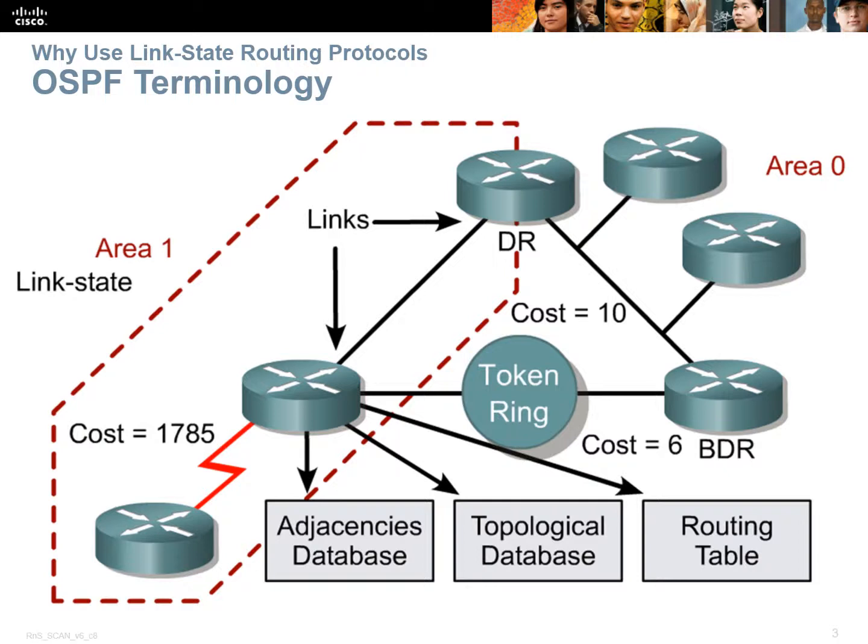And we're going to spend a bit of time on this today. Designated router and a backup designated router. If all the routers were talking all the time, it'd be a huge fight and nothing would get done. So we have to elect a boss, someone who's in charge of a segment. And it's always good to have a backup. So we have a designated router and a backup designated router.